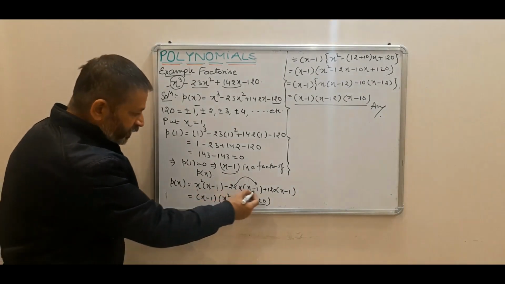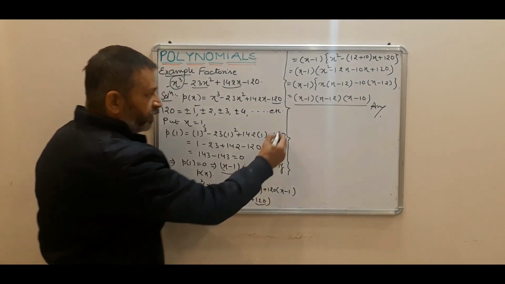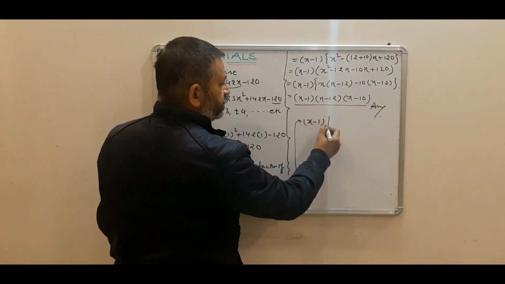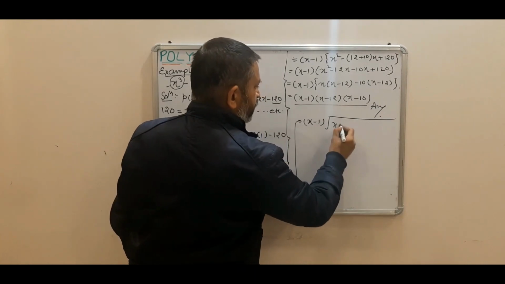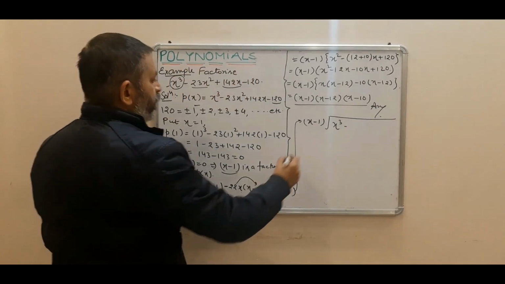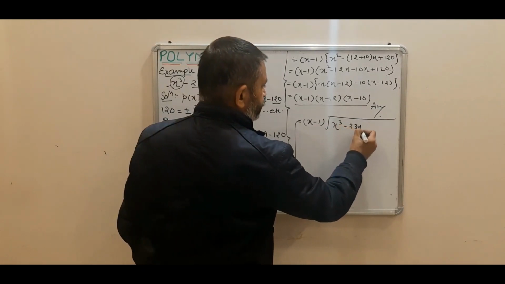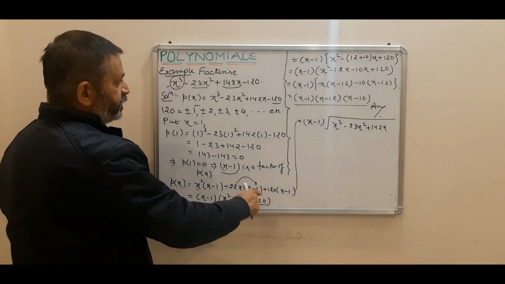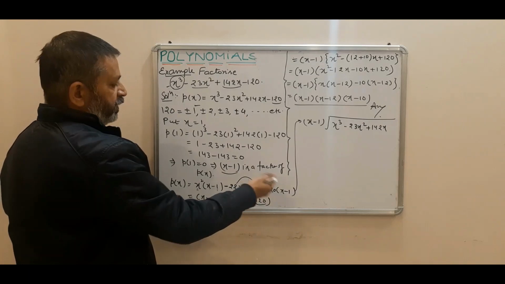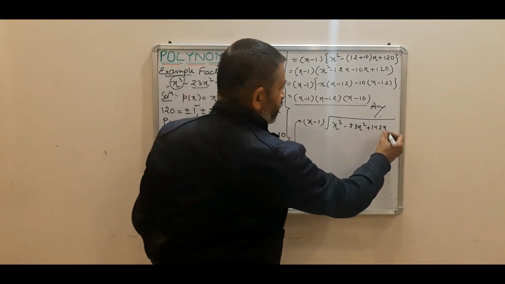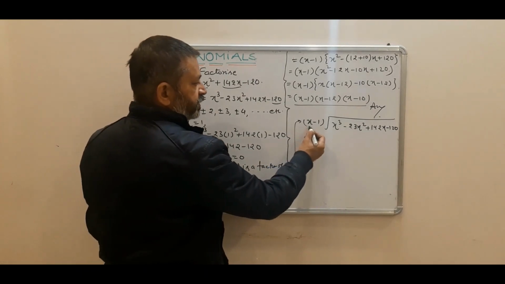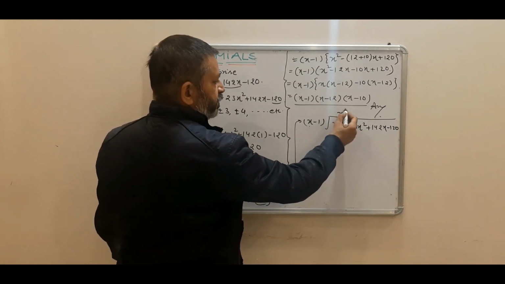If this division or this way is not clear, in place of this you can use simple division. Just divide this. If you're comfortable with this method, you can opt for it as well. If not, just do the simple division. Here we have x cube, so we need to multiply it by x square.